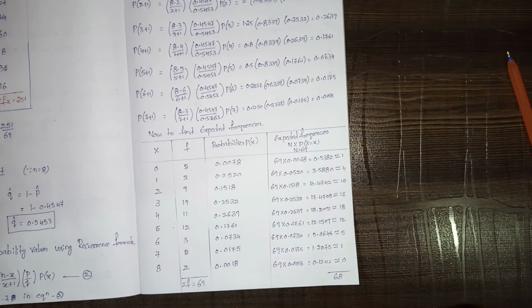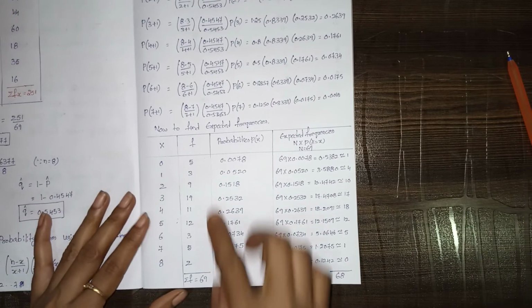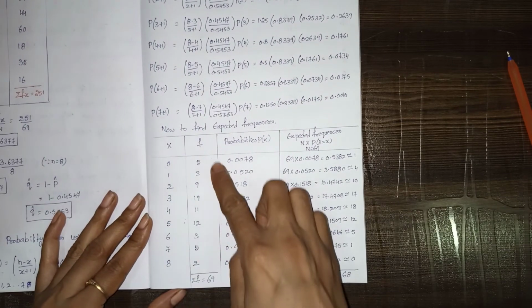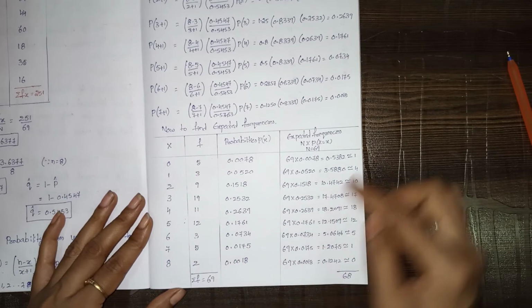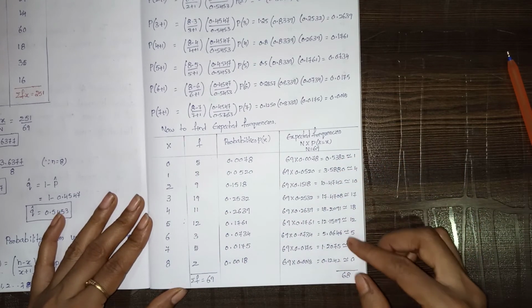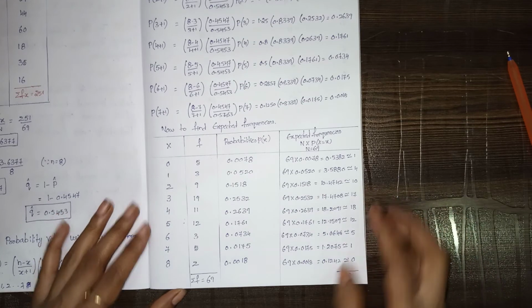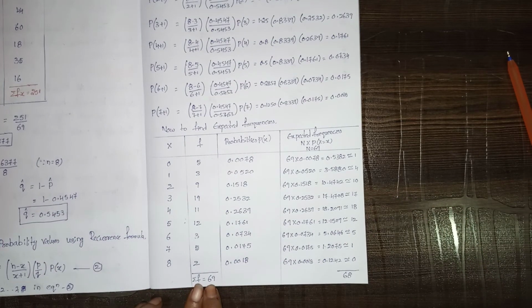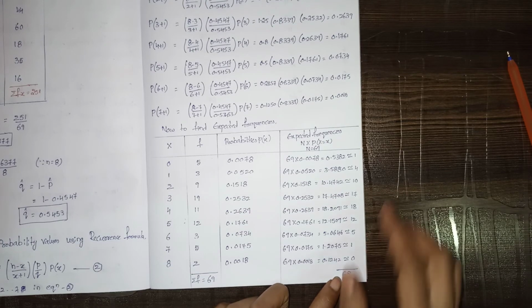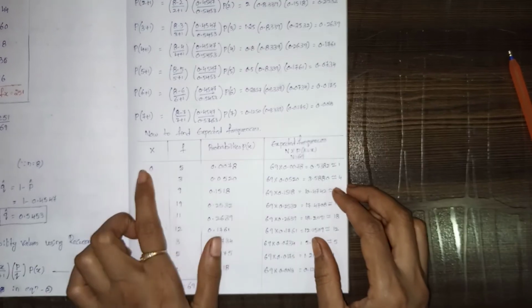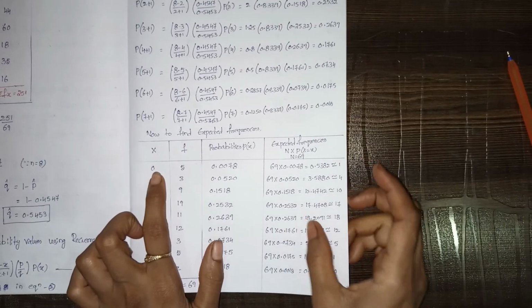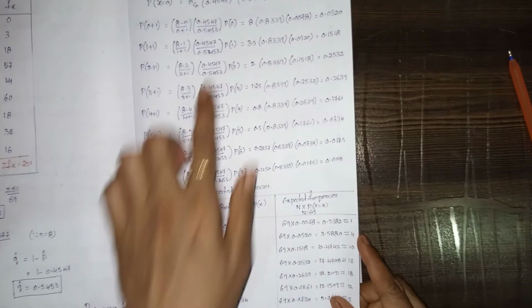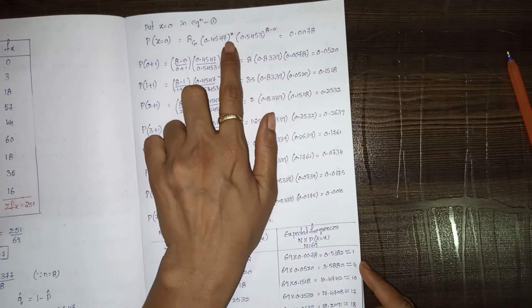After that, if you add these frequencies, these are the observed frequencies which are given in the question, and these are the expected frequencies that we have calculated. See here, if we add, we should get 69, but we got only 68. Why? Because in the first probability, when we took 0, the P of 0 value, we did not use the recurrence formula.